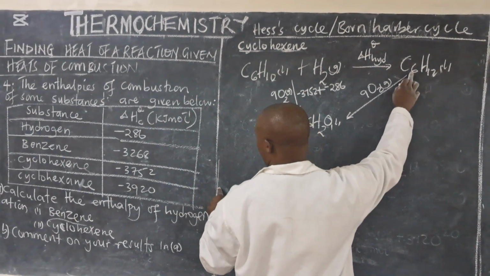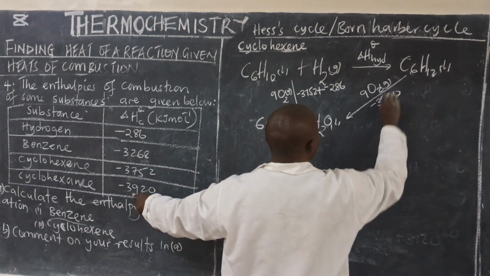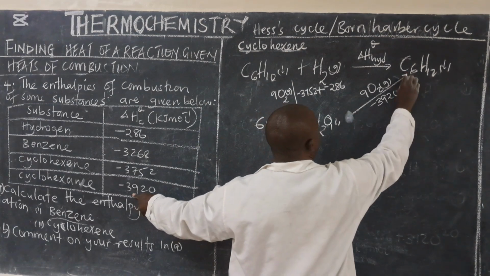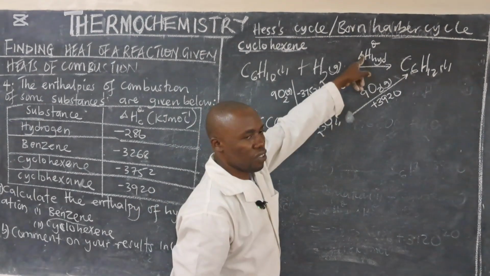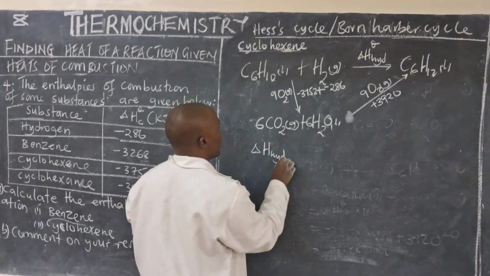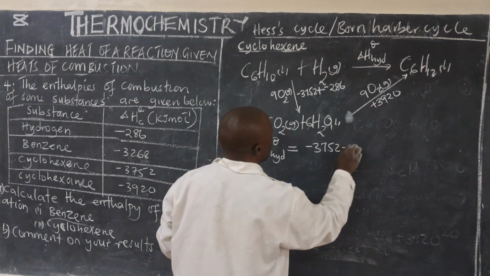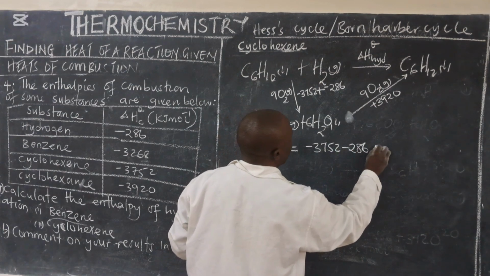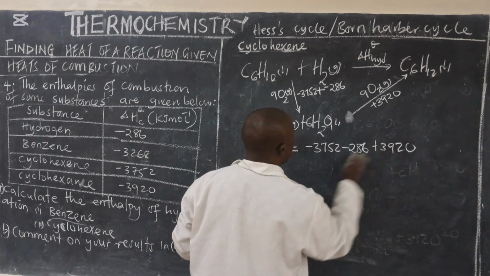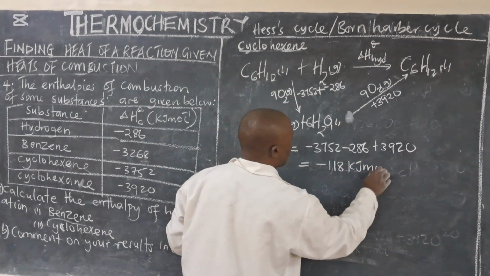Then for combustion of cyclohexane is negative 3920. So I can reverse this and it becomes positive here. So this is the sum of this. So delta hydrogenation value is equal to negative 3752 minus 286, then plus 3920, giving us negative 118 kilojoules per mole here.